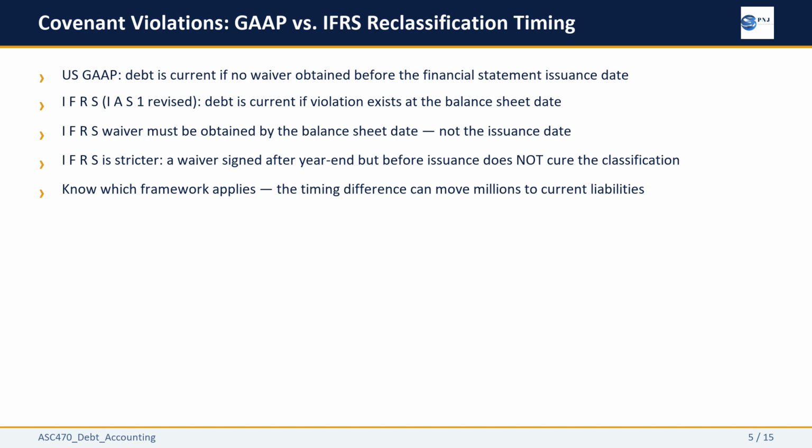Under IFRS, Revised International Accounting Standard 1 is stricter. If the violation exists at the balance sheet date, the debt is current. The waiver must be in hand by the balance sheet date itself, not the issuance date. A waiver signed on January 10th for a December 31st violation fixes nothing under IFRS. Check your framework before you finalize classification.